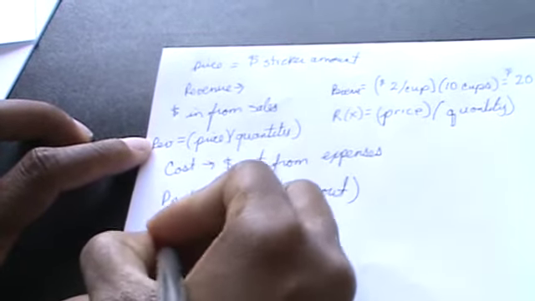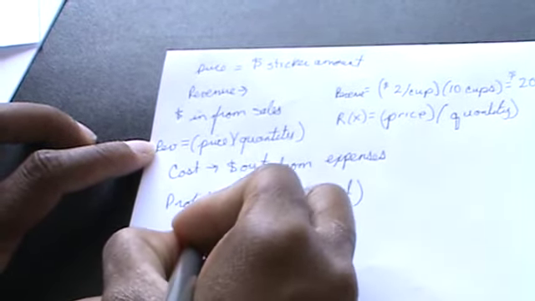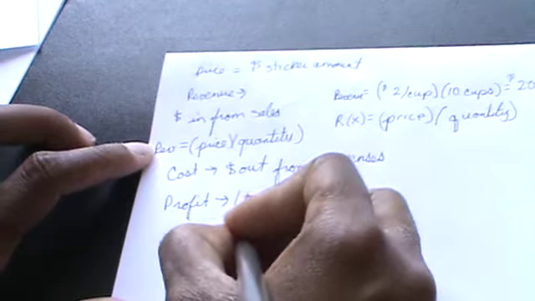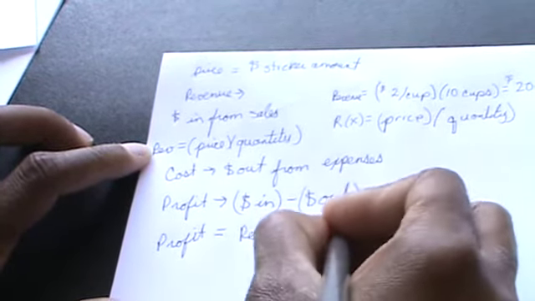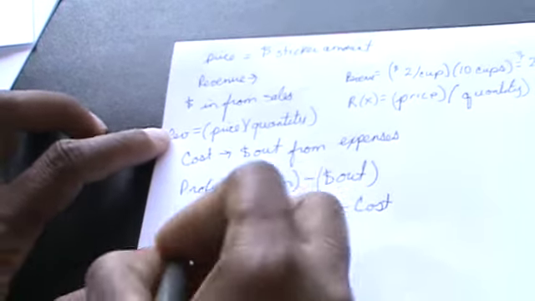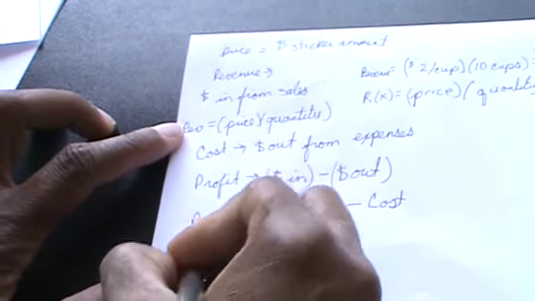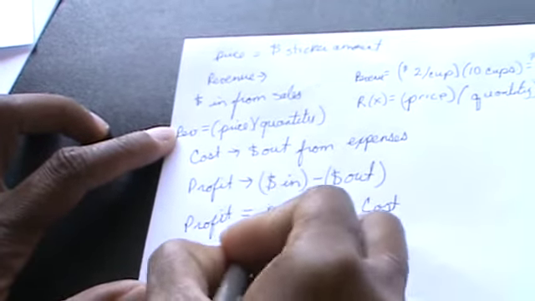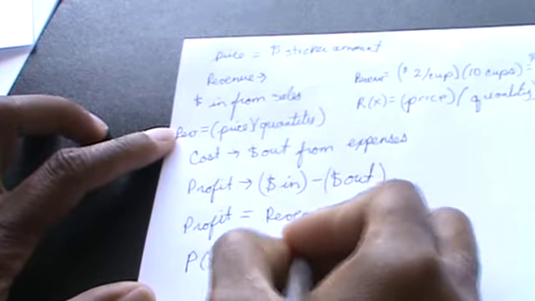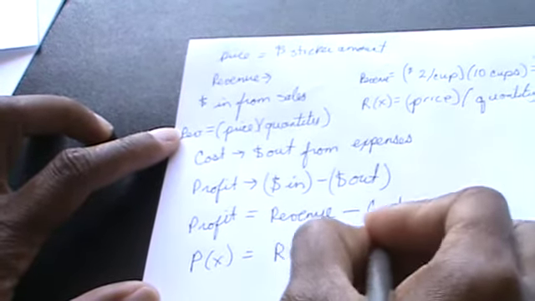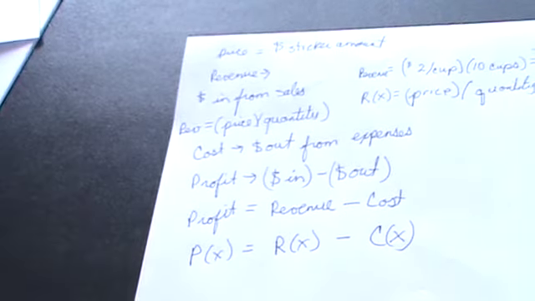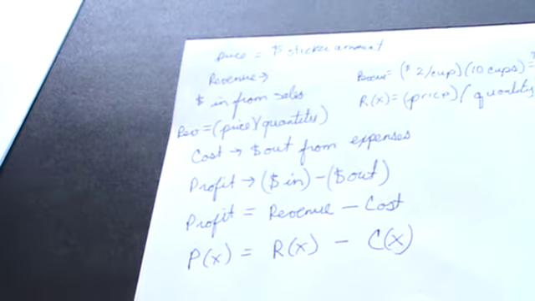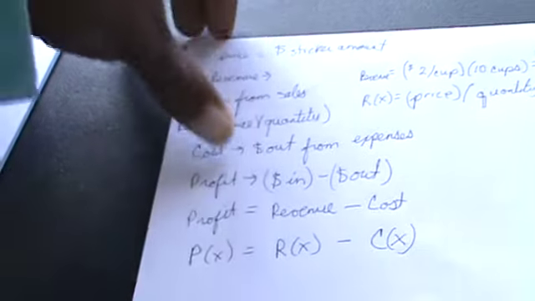So quite simply, your profit is equal to your revenue minus your cost. So I usually label the profit as capital P of X. So this is capital R of X for the revenue minus capital C of X for the cost. All right, so let me get back to the problem now that we have all of that laid out.